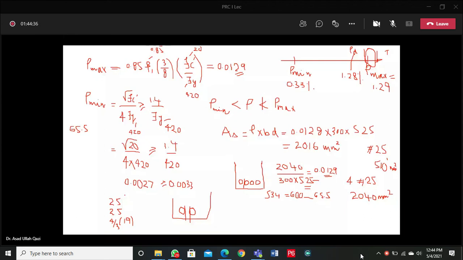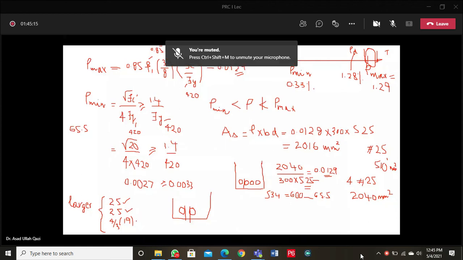So the code has a clear recommendation that out of these three, the largest will be selected as the clear gap between the bars. So in our case we have a direct recommendation of 1 inch. There must be a clear gap of minimum 1 inch between the bars. The clear gap between the bars should not be less than the largest bar dia. In our case, incidentally, both are equal.